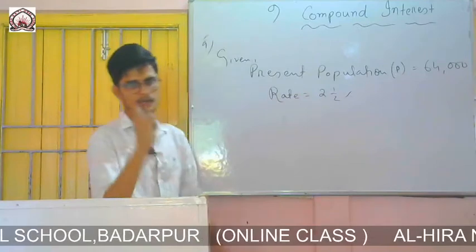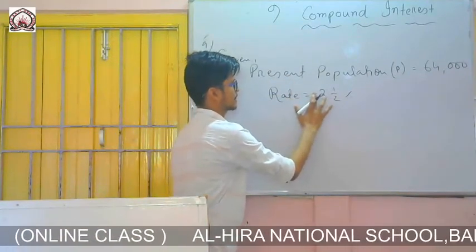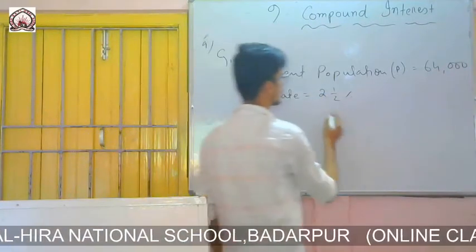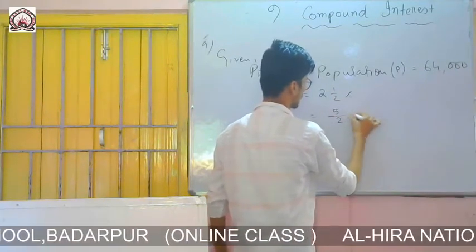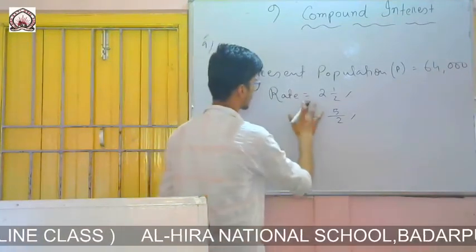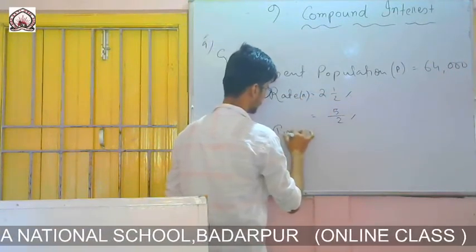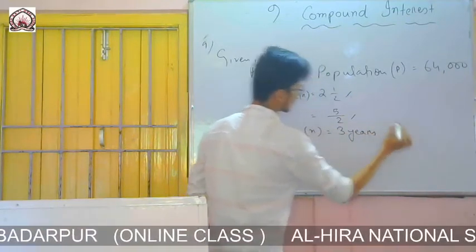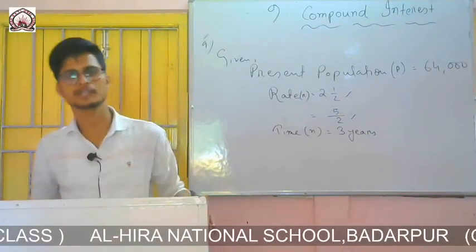If there was decay, then I would have given minus sign, but since the population is increasing, we will use plus sign. 2.5 I can write as 5/2%. You write R equals 5/2%, and time n equals 3 years. So the question is to find the population after 3 years.